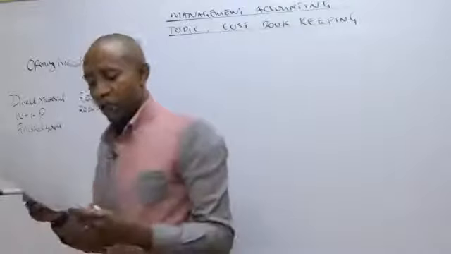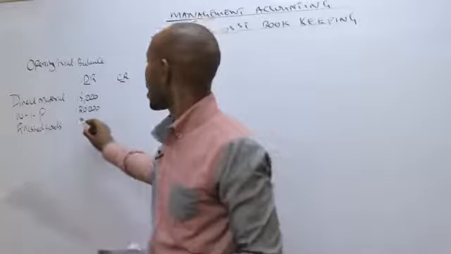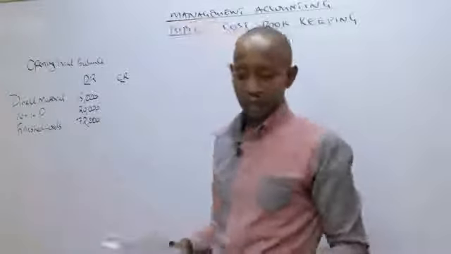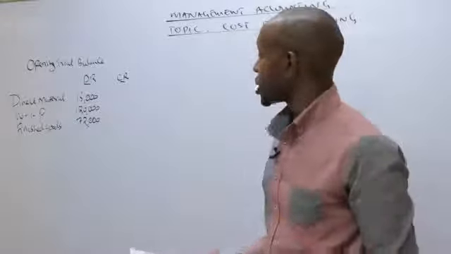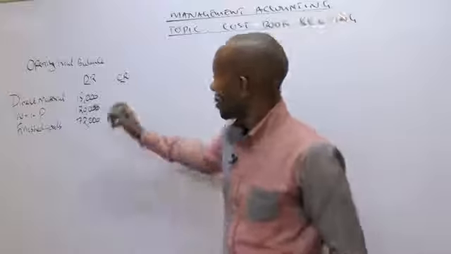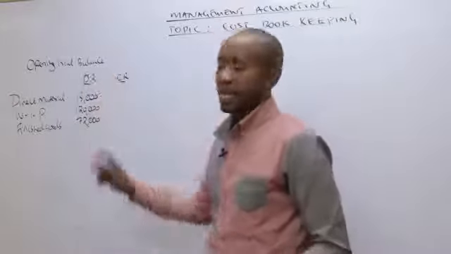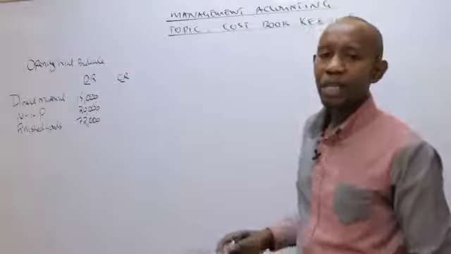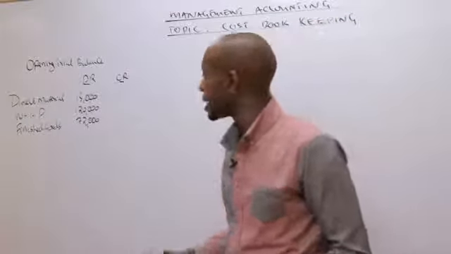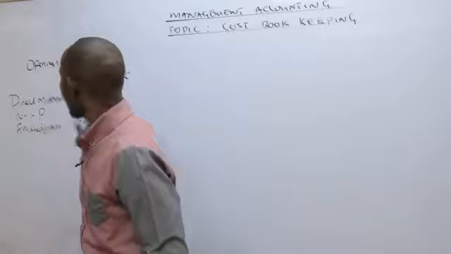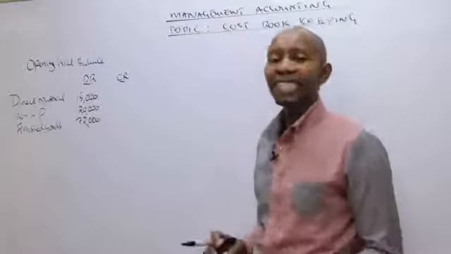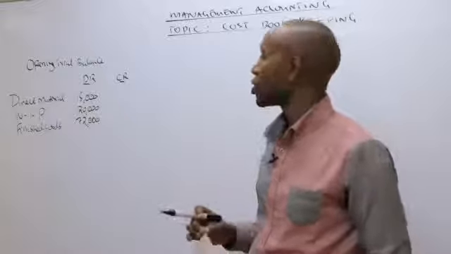Finished goods have a balance of 72,000. Now, as we are starting, the debits must be in balance with the credits. And we've said the account that completes the double entry for all these is called the financial ledger control account.